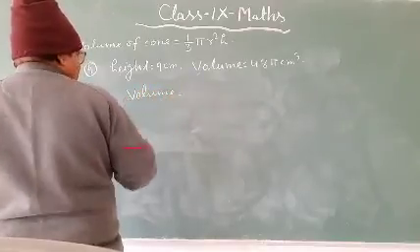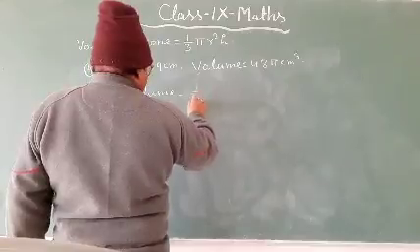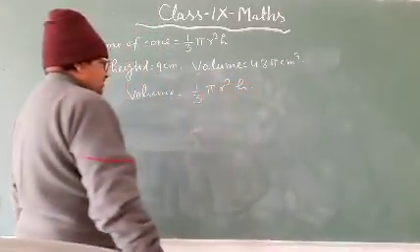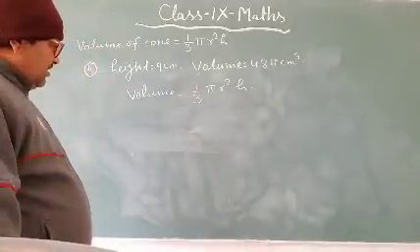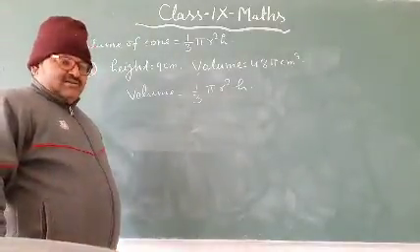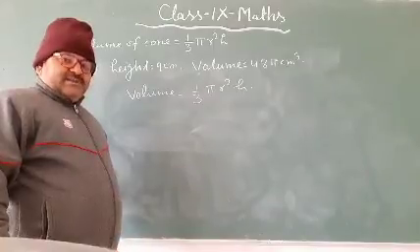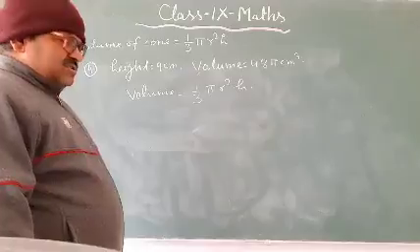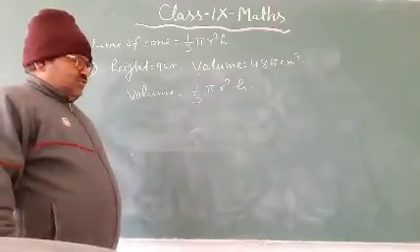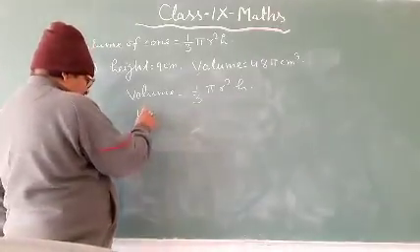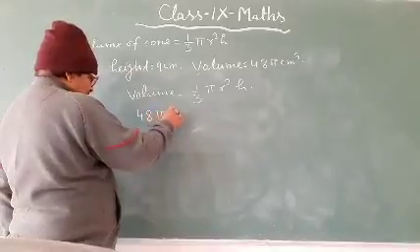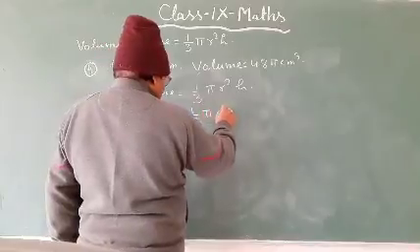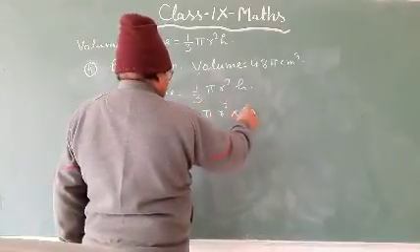Volume equals 1 upon 3 pi r square h. The volume and height are given, on the basis of that we find the radius of the base of the cone. So 48 pi equals 1 upon 3 pi r square into 9.